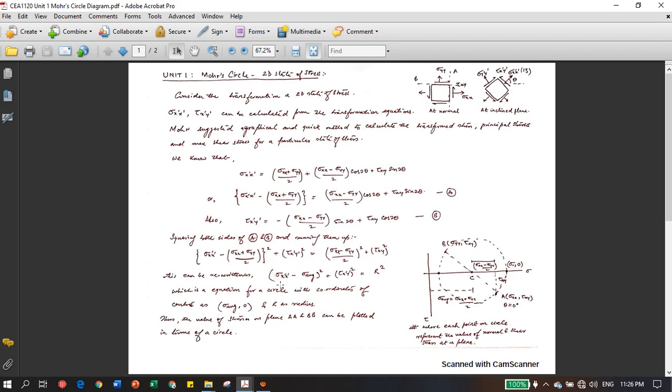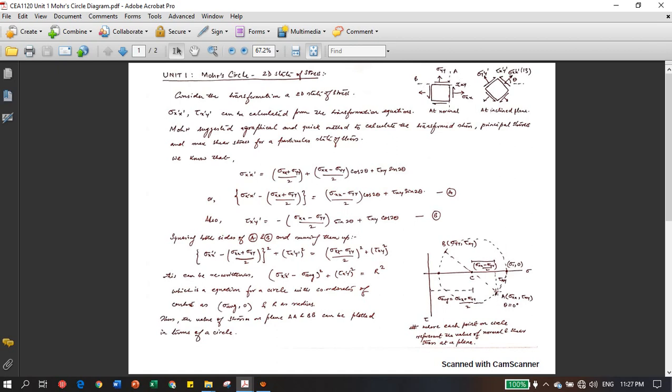So if we plot between normal stress and shear stress, and why I have taken downward positive, I will tell you later, if we plot this equation, we will get a circle. The points of this circle denote the values of stresses at a plane. And which plane? This plane, A plane and B plane.